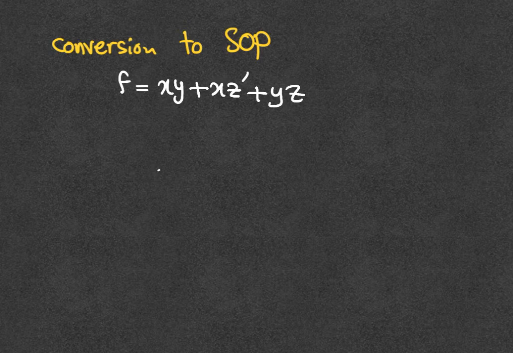Now how do we convert it to SOP? You just look at the terms and see what input is missing in each term. For example, for XY, it's missing Z. For the second one, it's missing Y. And for the last one, it's missing X.